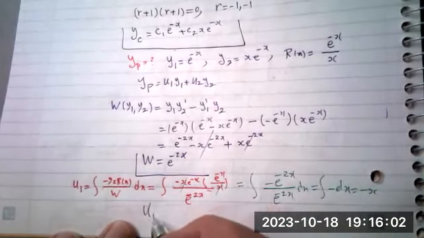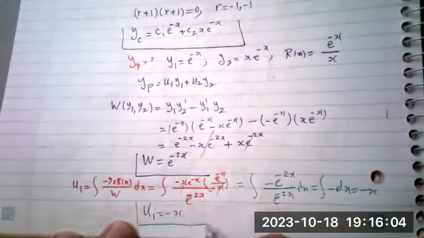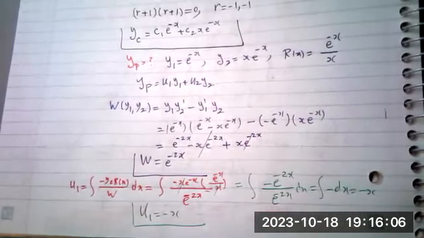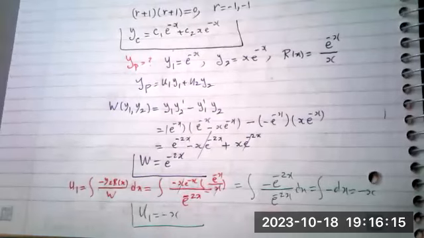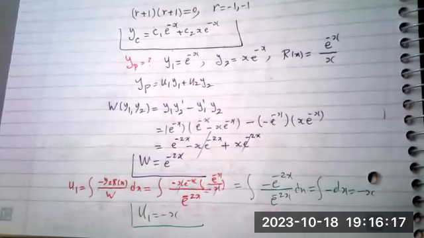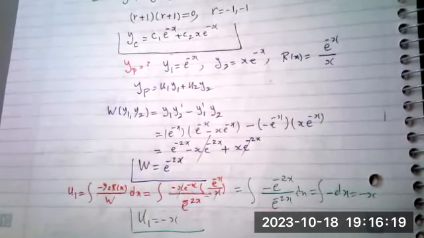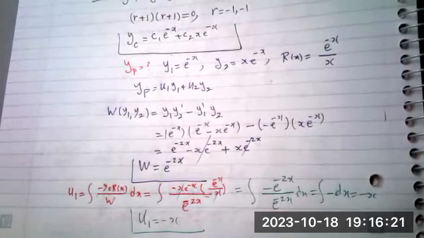So u1 is negative x. I just substituted the y2 to get this. Any questions? So that's u1. Now you go back and find the u2. When you're done writing it down, we go and find the u2.